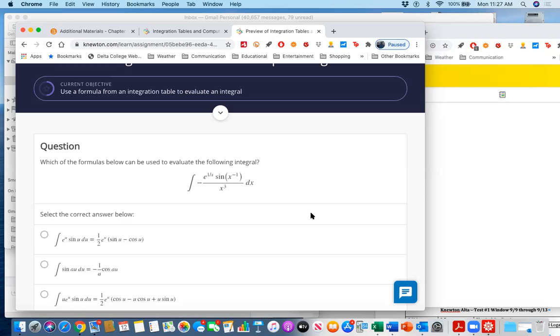You can just let u equal 1 over x. That's what we're doing, right? Right, which is the same as x to the minus 1. Right, yep. Okay, I just want to make sure. Yep.